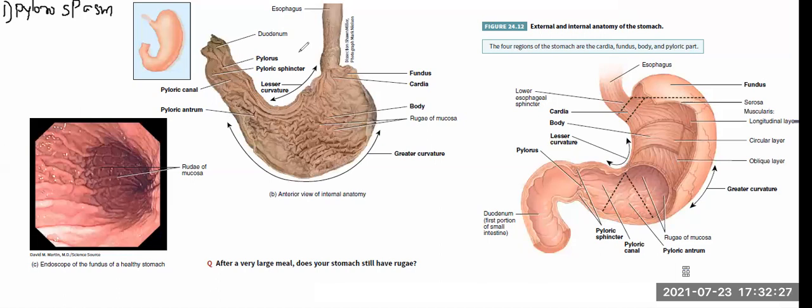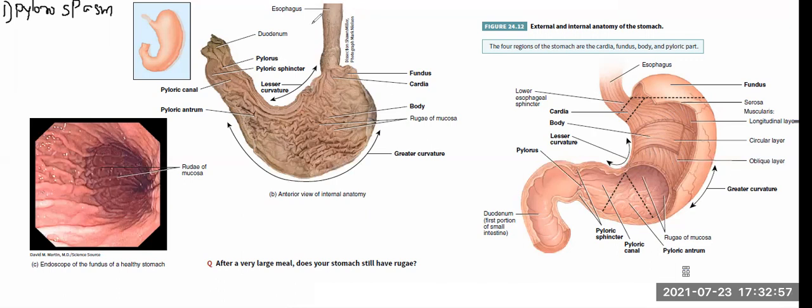So when the muscles of the sphincter don't relax, there is a problem for food passing into the duodenum. It is the pyloric sphincter that relaxes and allows the movement of food from the stomach to the duodenum.